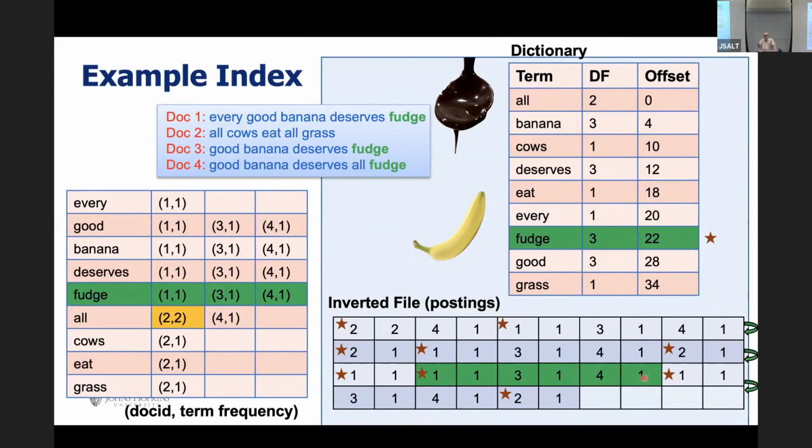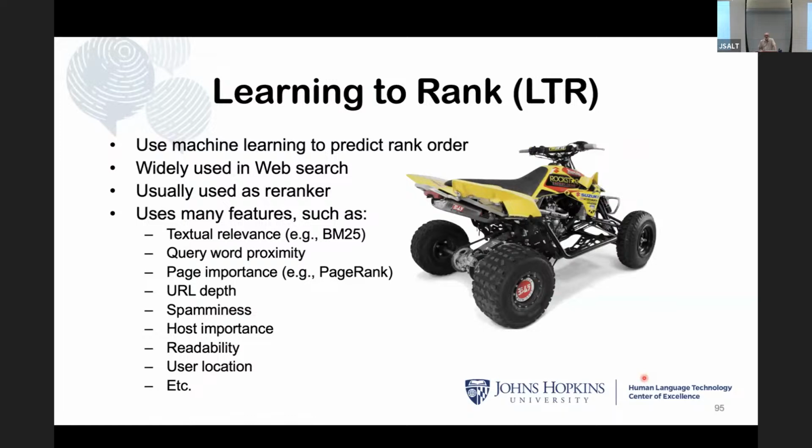This is just the primary data structure for most retrieval up until very recently. Before the neural approaches, there is an approach that's called learning to rank. Basically, you're using machine learning to predict rank order, right? And this is widely used in web search.